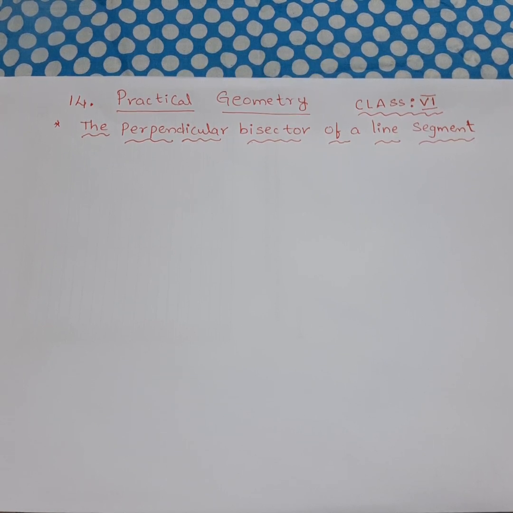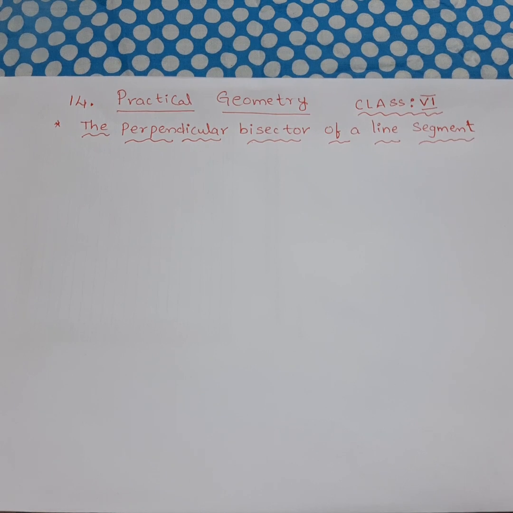Today we are going to discuss the perpendicular bisector of a line segment. So we can understand what a bisector is. Bisector means it divides into two equal parts. Whatever line segment you draw, we need to draw a perpendicular bisector for it.